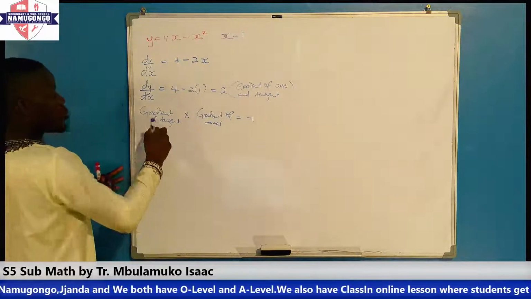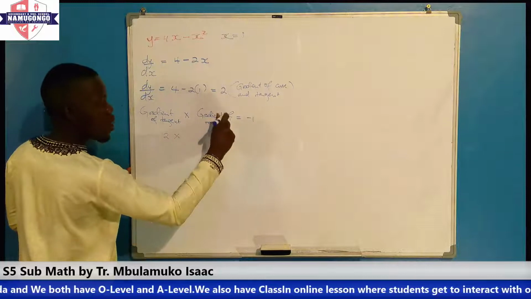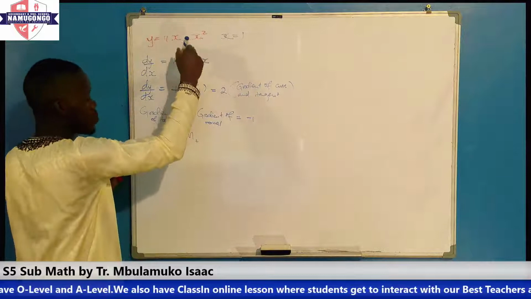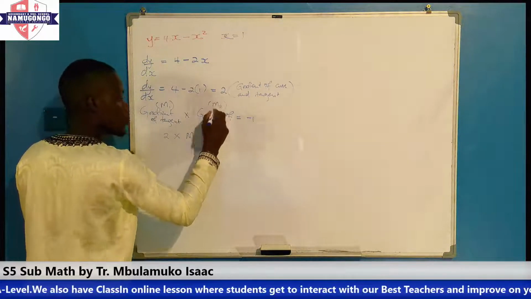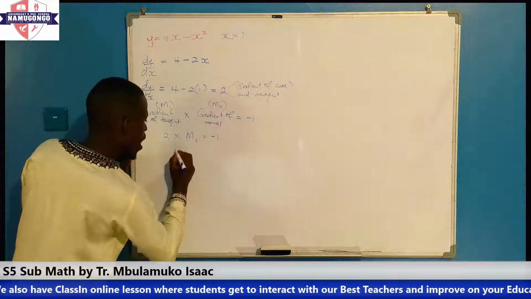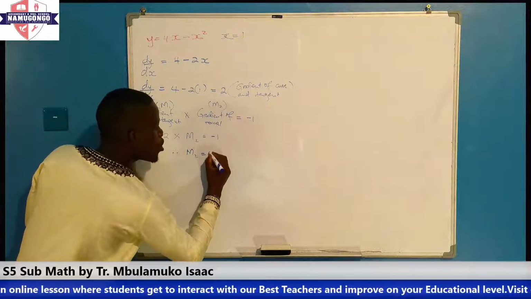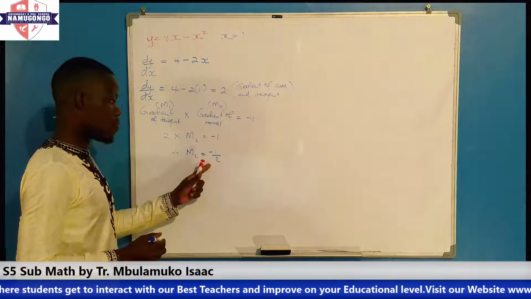Now we get the gradient of the tangent, which is 2, times the gradient of the normal. We can call them M1 and M2, so M1 times M2 is equal to -1, and therefore the gradient M2 of the normal is going to be -1 divided by 2, and that is what we have there.